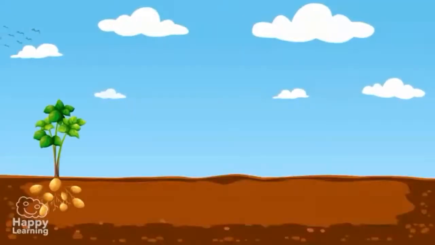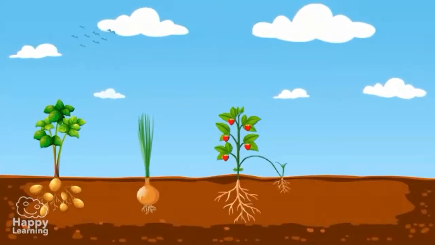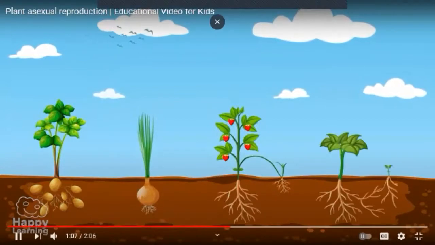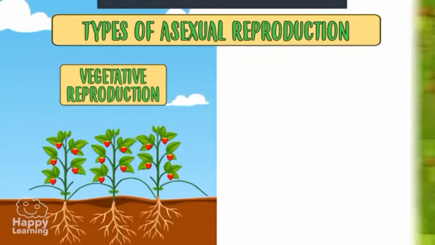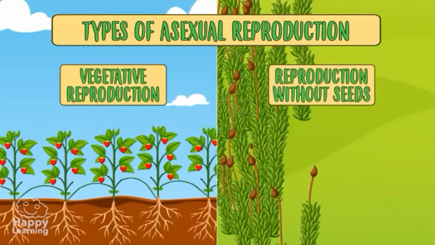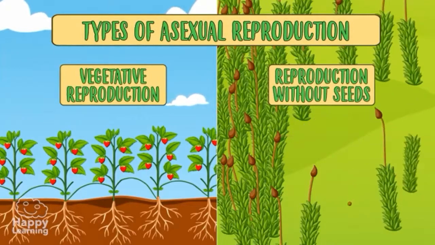New plants can originate from a single cell, a tissue, an organ, or a part of a mother plant. There are two types of asexual reproduction: vegetative reproduction and reproduction without seeds. Let's get to know them.